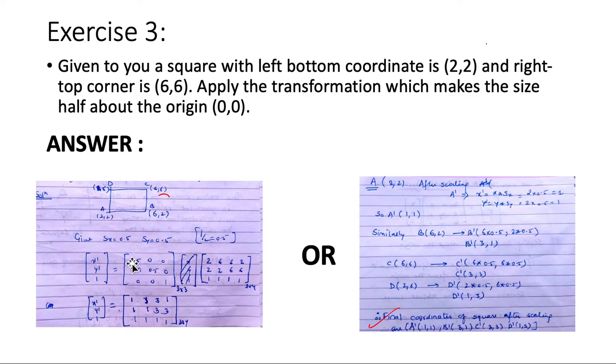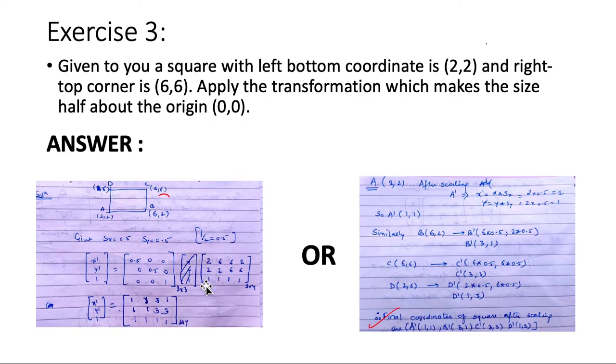If you are using the transformation matrix, remember the first matrix here has your sx and sy. Your sx is 0.5, your sy is 0.5, and then remember you have 4 coordinates, so you arrange them like this.